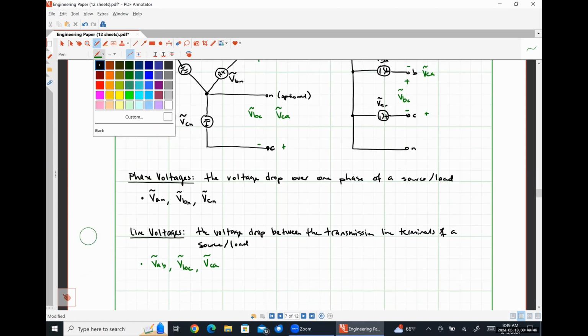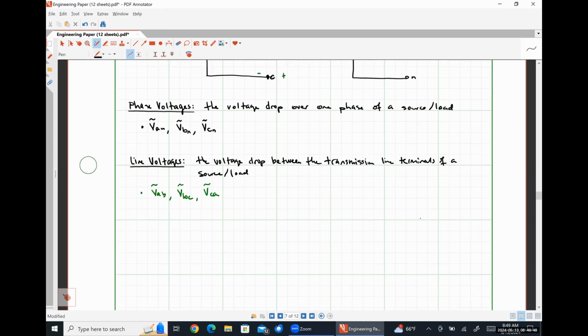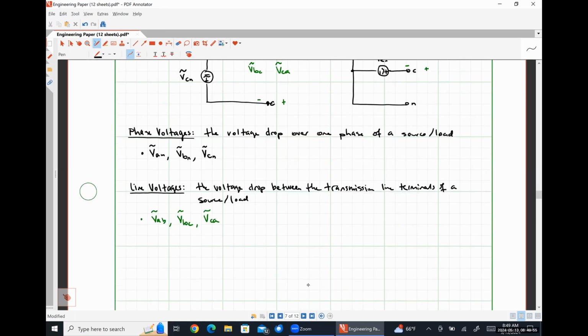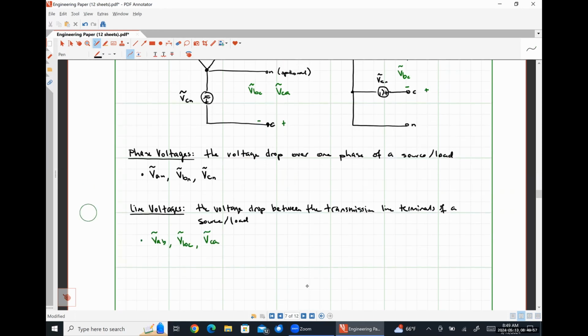So now let's talk about phase. Actually, before we do that, I want to mention something here. Okay. So in this class, we are going to refer to everything as either a phase voltage or a line voltage, according to these definitions that I have given you.